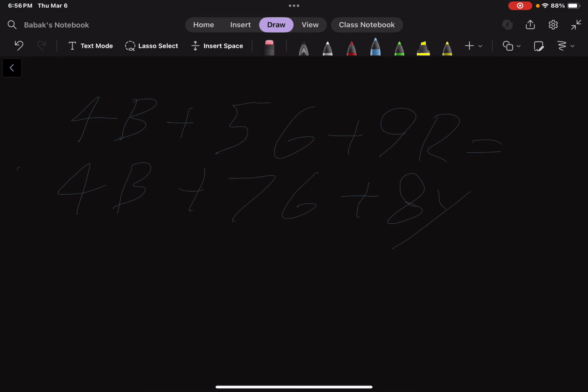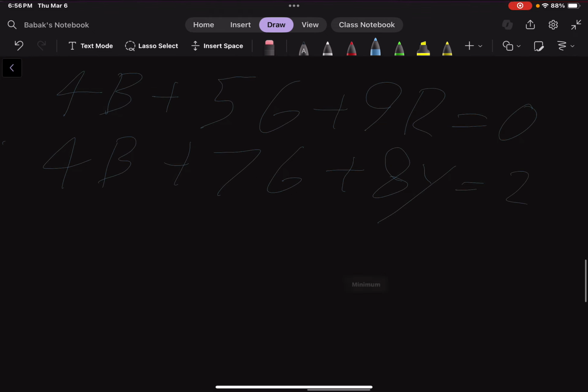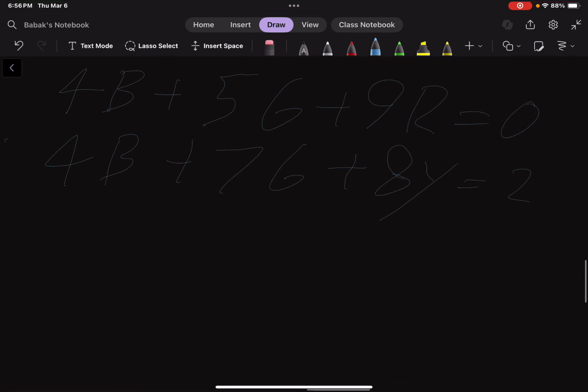And of course, the first one is equal to 0, the second equal to 2. Now, have I made a mistake here, is the question. And the answer is, I believe not. You can solve this parametrically, indeed. Can you now? Now that is the question.